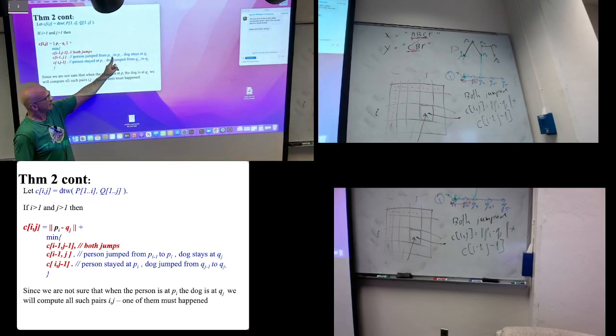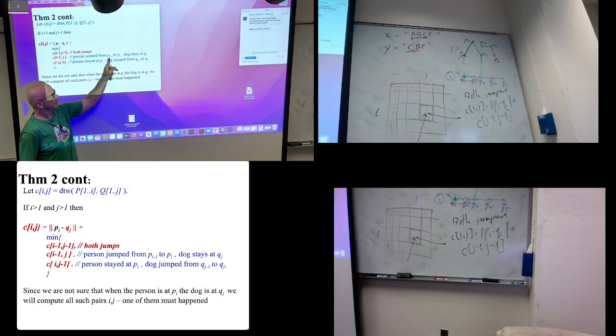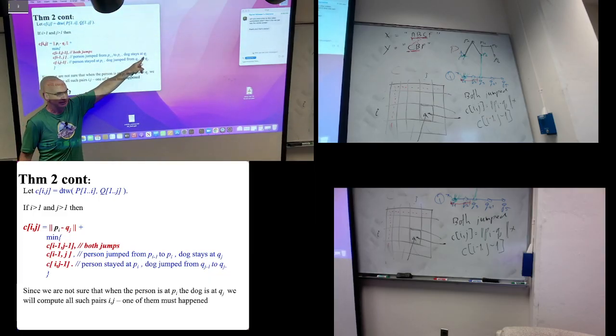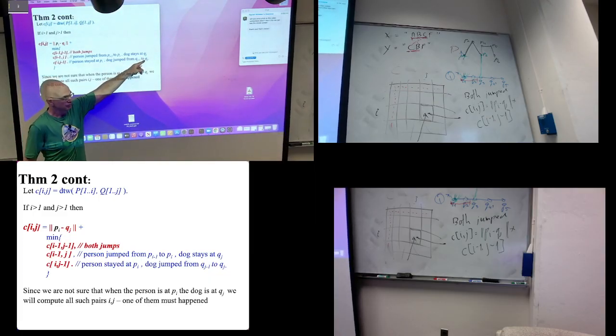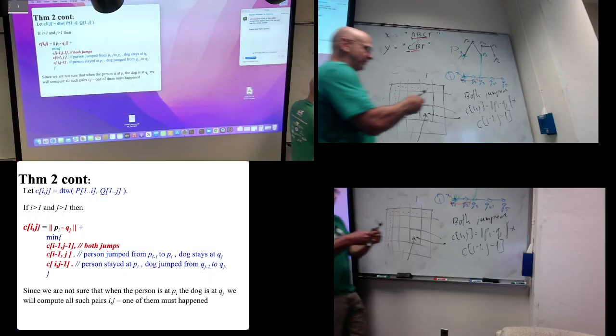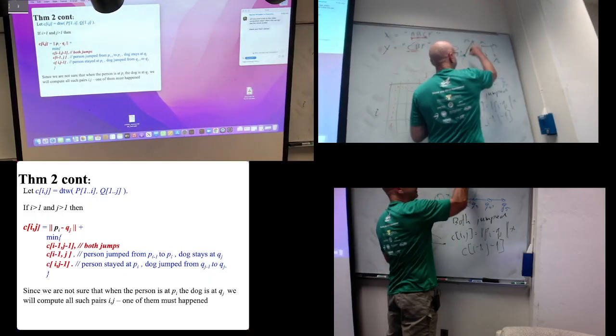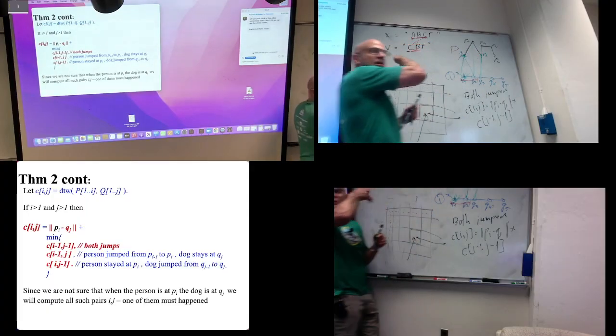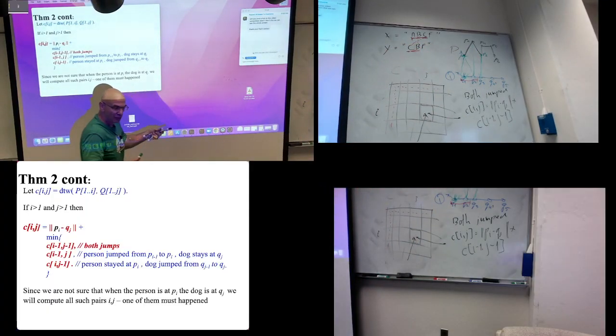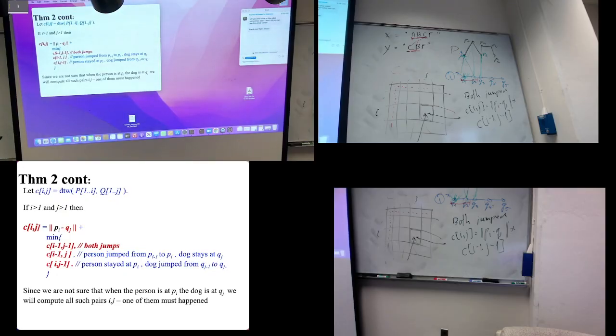What if in the last step, before they are at Pi Qj, the person is the one that jumped from Pi minus 1 to Pi, but the dog was already at Qj? Then there is some length of leashes that involves the history, and there is an optimum length of leashes that involves the history, but I already know what is the optimum for this problem.